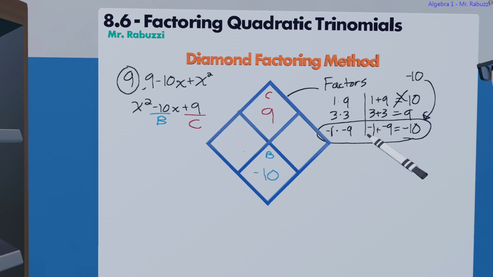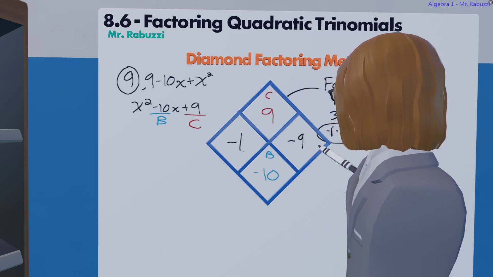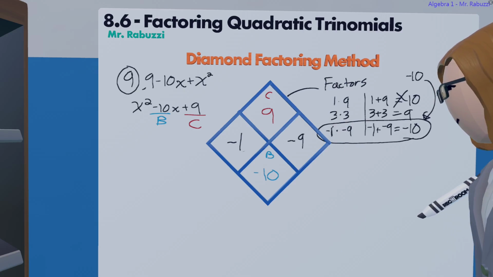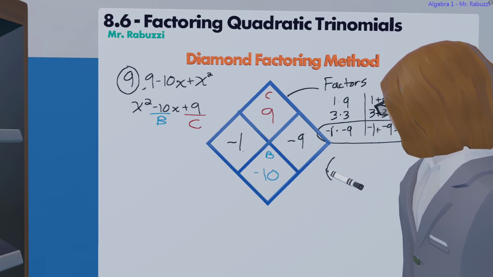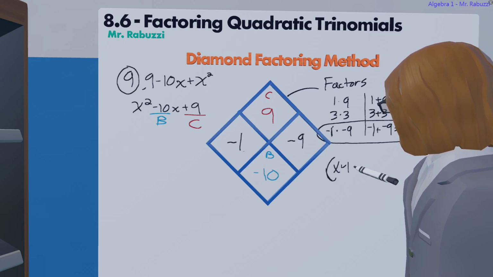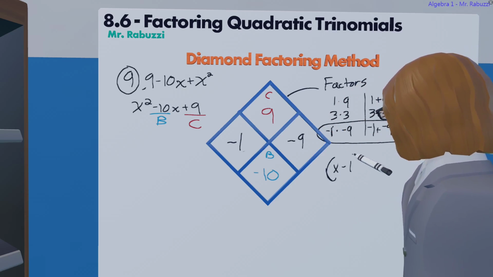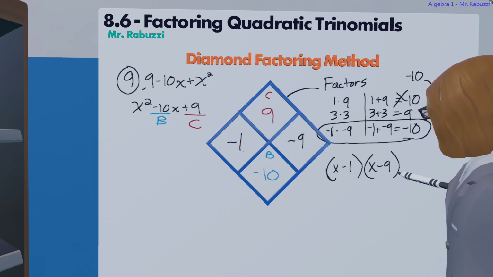All right, so our two factors were -1 and -9. Now, what was the pattern we saw in the last problem? Oh, yeah. When we do our factoring, we do x minus 1. That's a bad minus again. X minus 1 in one parentheses and x minus 9 in the other parentheses.